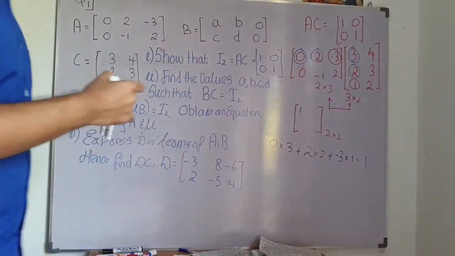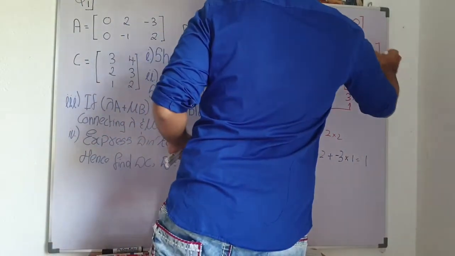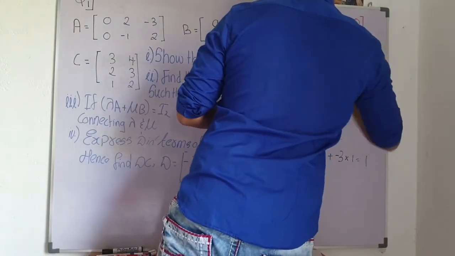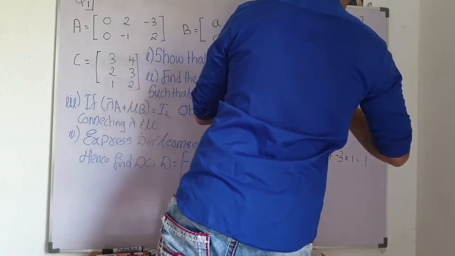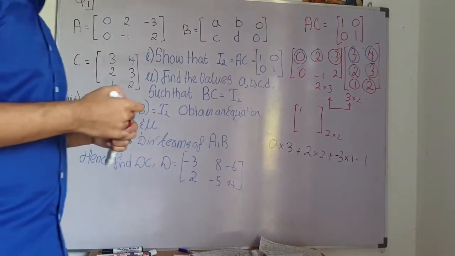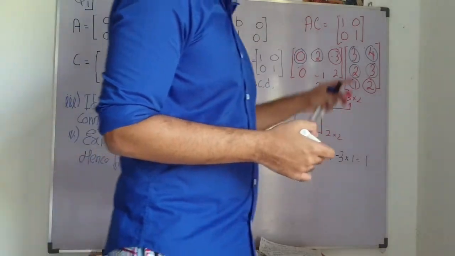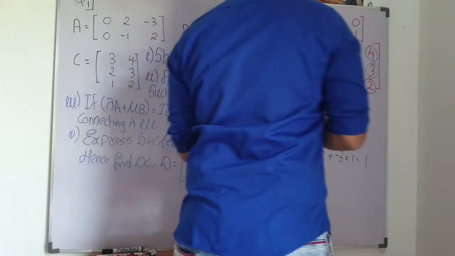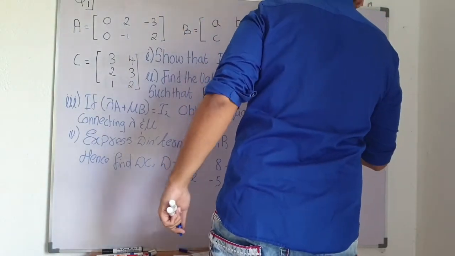Now understand that this and this will be multiplied, this and this will be multiplied, and this and this will be multiplied as well. So 0 into 4 will be 0, 2 into 3 will be 6, minus 3 into 2 will be minus 6. So therefore you get 0 right here.